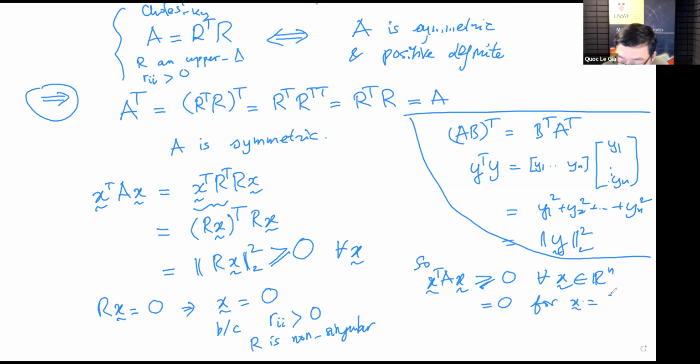So this shows that A is a positive definite matrix.